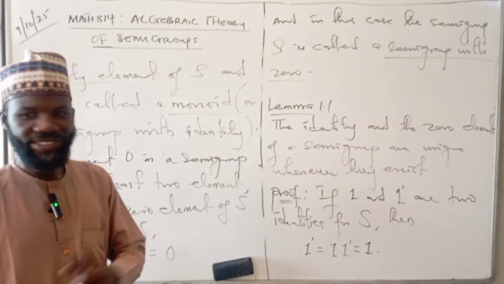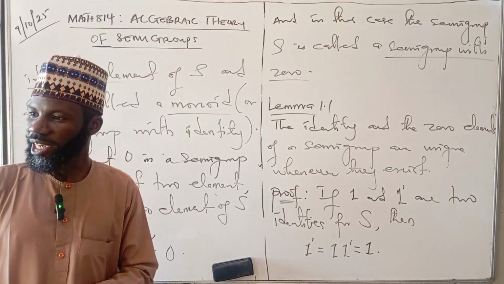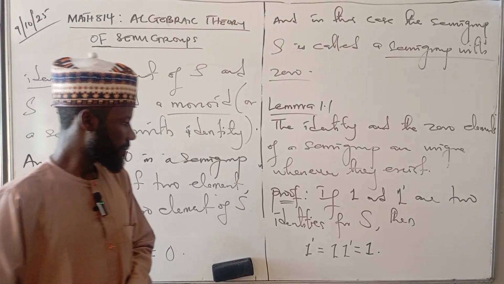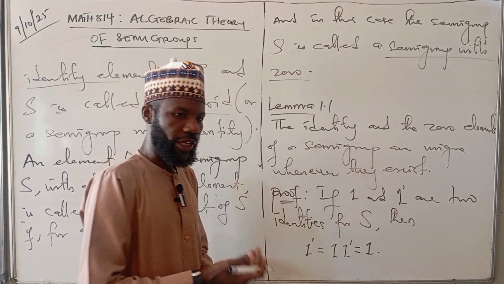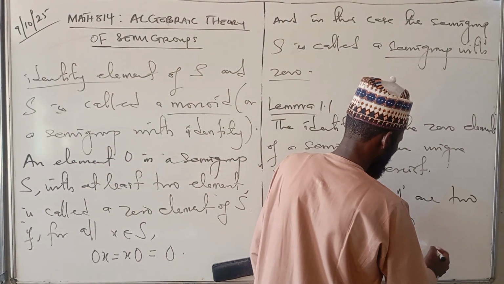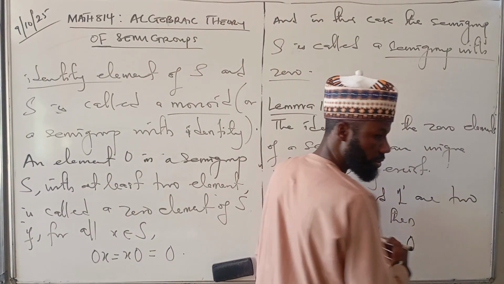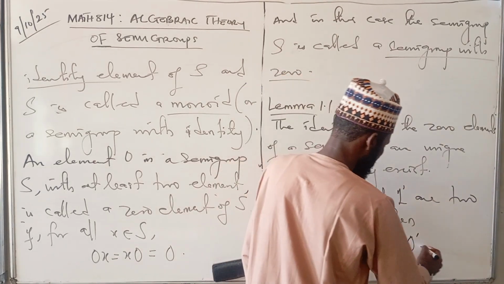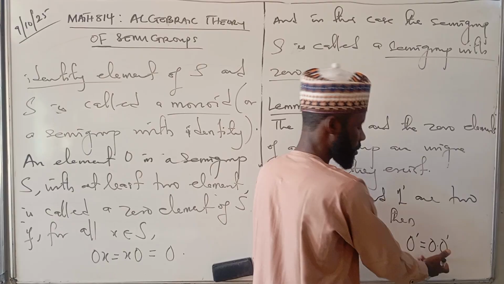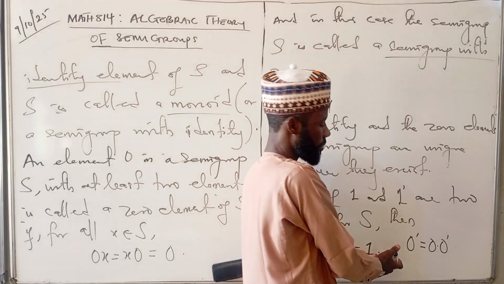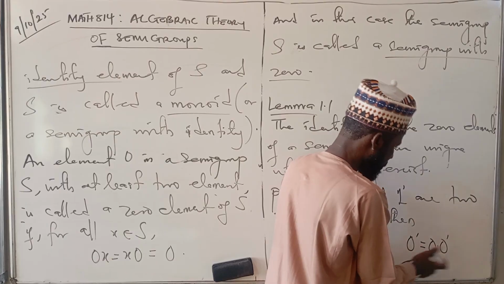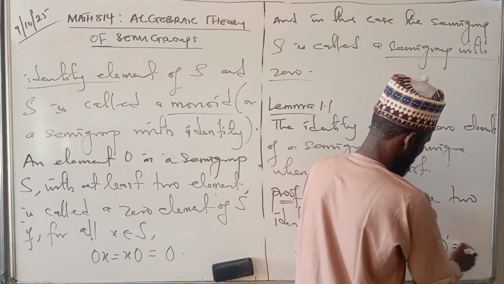There is almost nothing to worry about. Similarly, if you have two different zeros, the same thing. If 0 and 0 prime are taken to be different zeros, then 0 prime is 0 times 0 prime, because 0 is a 0: if you multiply with anything in this semigroup, you still get 0.